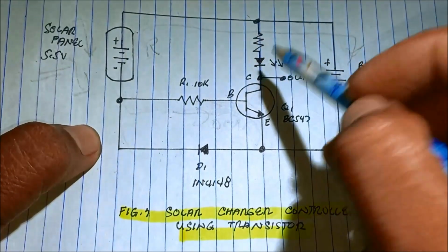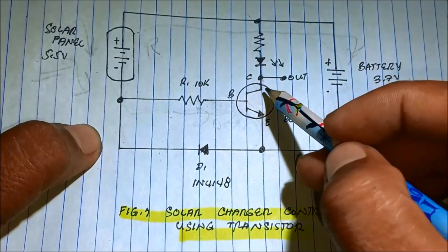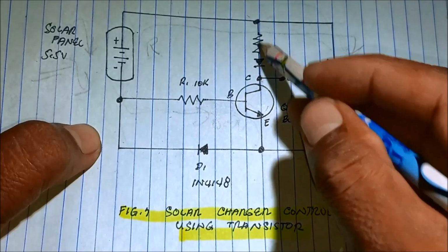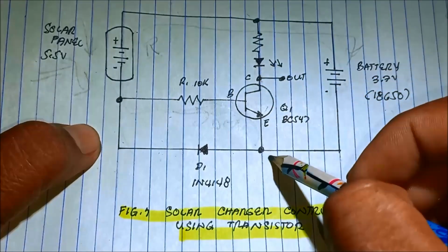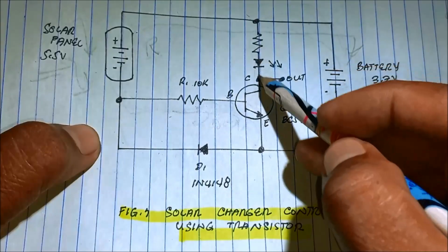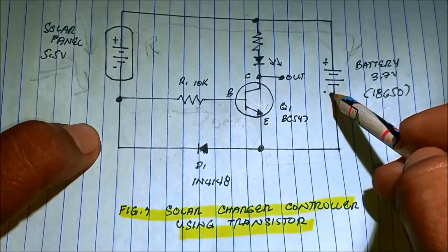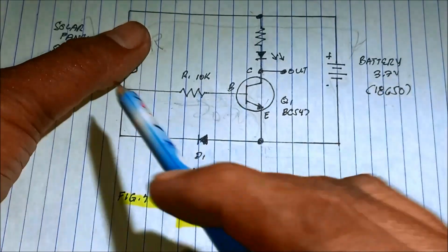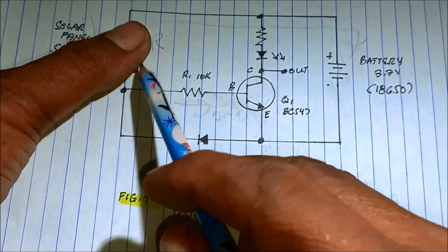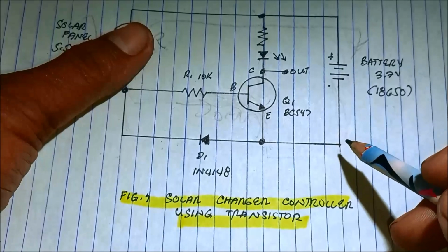Current also flows into the output side of the transistor. So the LED turns on because the current now flows from the LED to the collector to emitter and then back to the negative, as long as there is no light that falls on the solar panel.